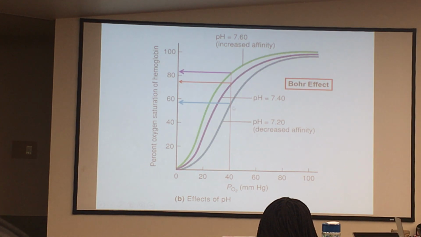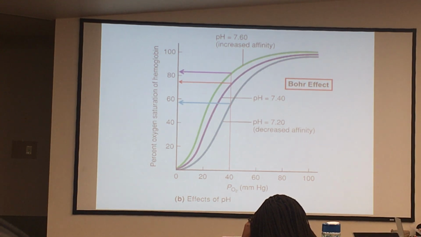You draw a line here, and I compare these two curves. In the resting condition it is 75% saturated, and in this acid condition it is down to 50-something. So the curve shifts to the right. That means during the hydrogen ion increase, we release more oxygen to the tissue.